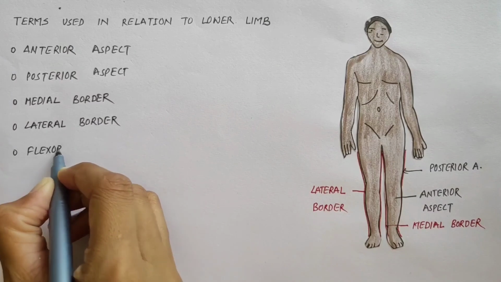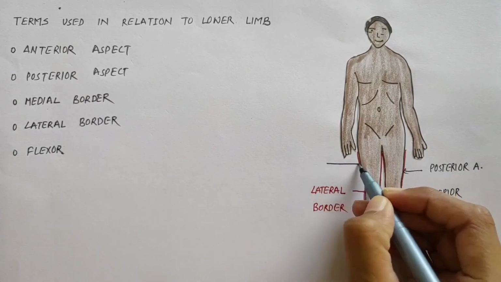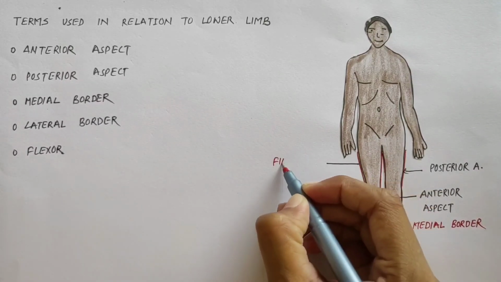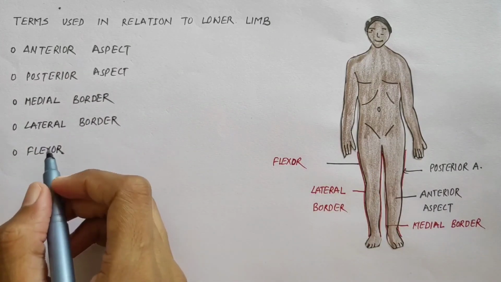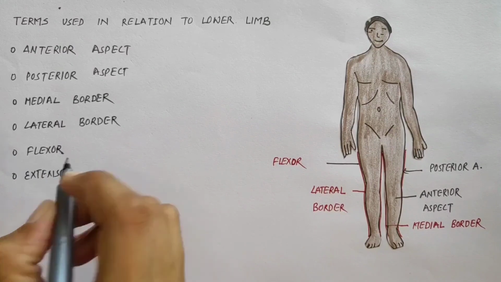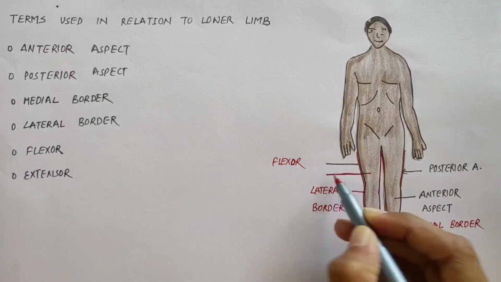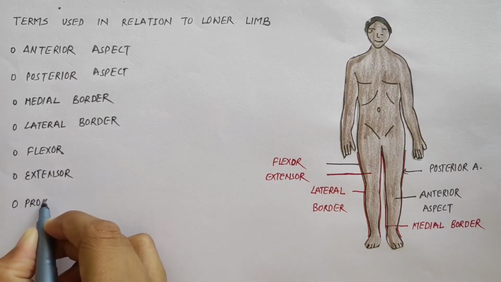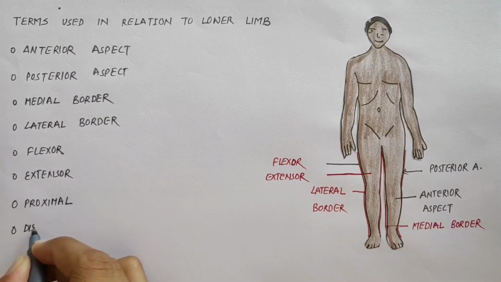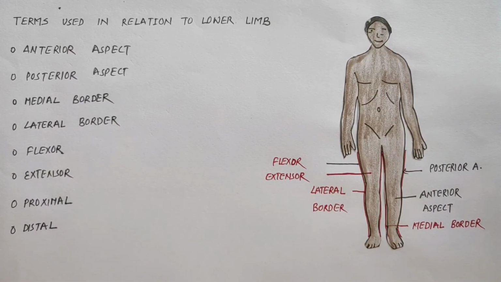Flexor is back of lower limb. Extensor is front of lower limb. Proximal is close to the root of limb and distal is away from the root of limb.